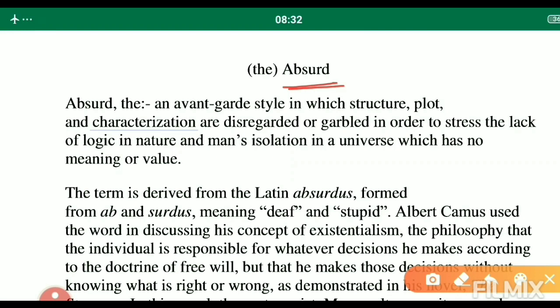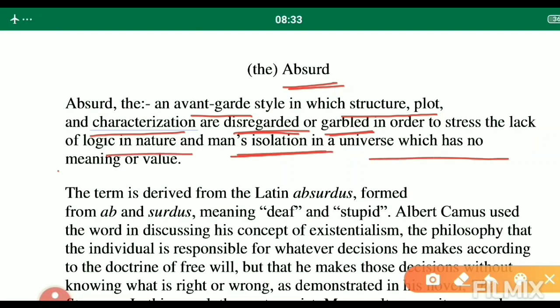Alright then, so here I begin with this particular literary term, the absurd, which has been used by various writers of English literature. Absurdity is an avant-garde style in which structure, plot, and characterizations are disregarded or garbled in order to stress the lack of logic in nature and man's isolation in a universe which has no meaning or value.